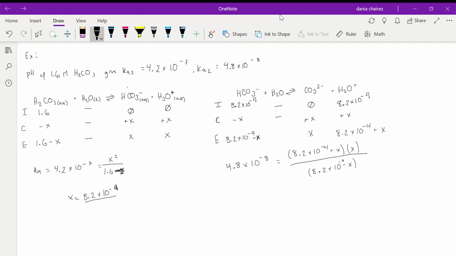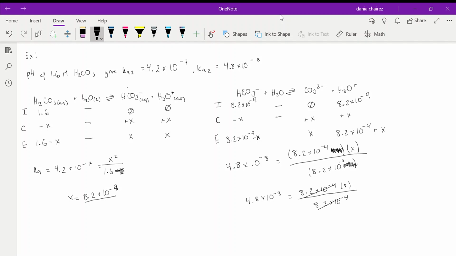So then it's the same thing as before, where this is small enough that we can disregard this x as well as this plus x, because it's insignificant that if we were to add it, we would still have the same exponent. So then we're left with 4.8 times 10 to the negative 8 is equal to 8.2 times 10 to the negative 4 x all over 8.2 times 10 to the negative 4.